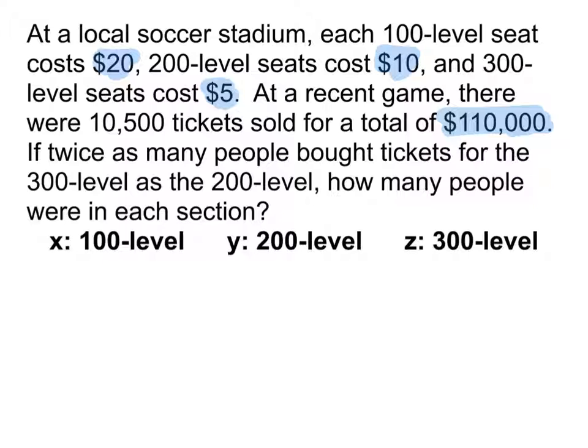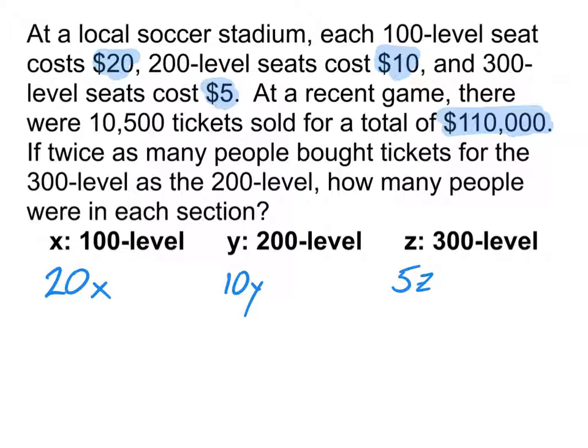What would I do with the 20 and the x's to figure out the amount of money from the 100 level seats? Yeah, we'd multiply them. We'd just get 20x there. All right, and so then if the 200 level seats each cost $10, I'd be doing 10 times y. And of course, $5 per 300 level seat means 5z.